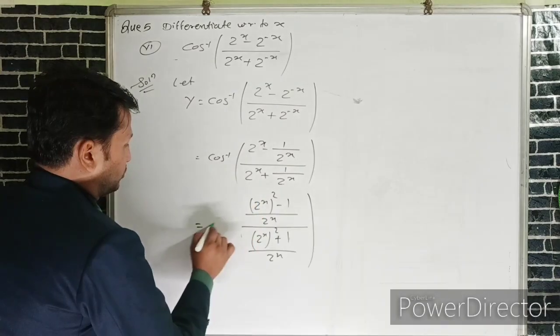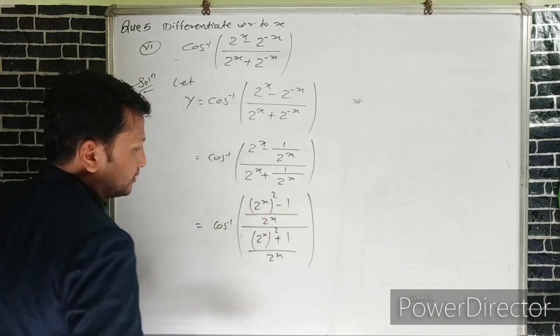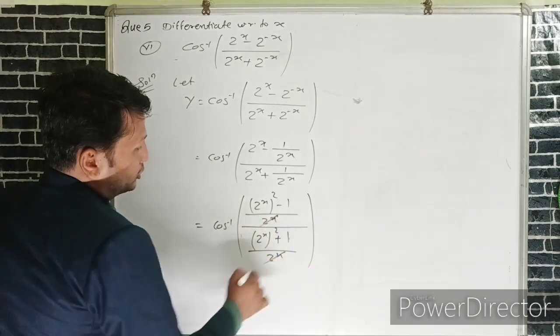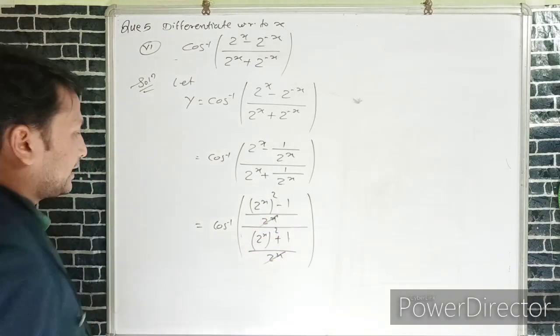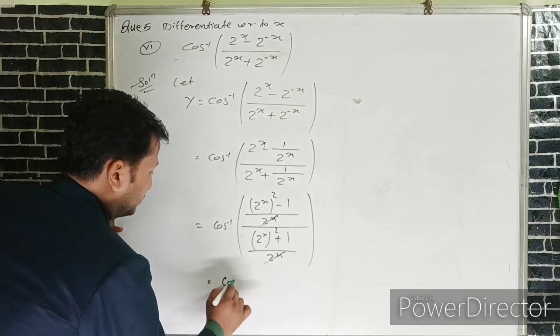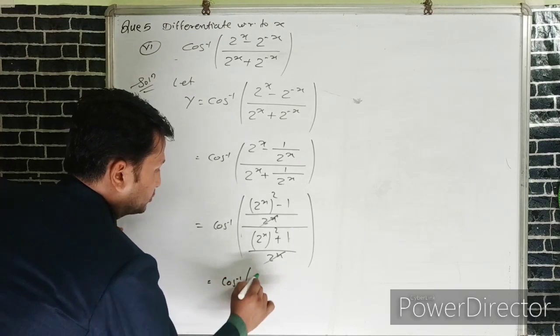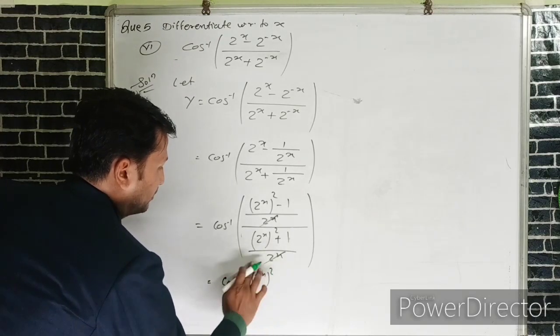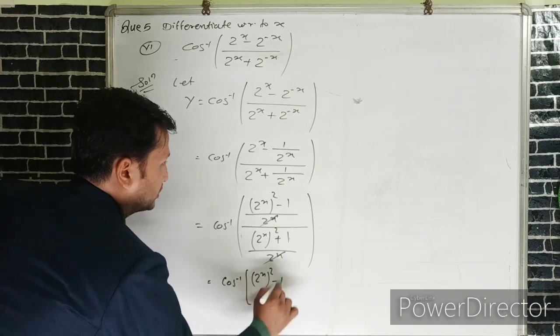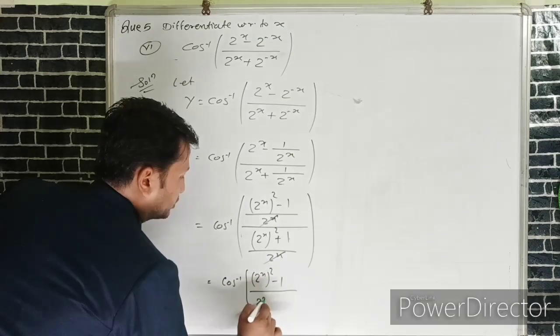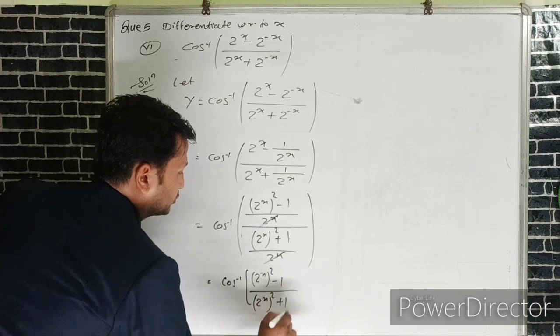This is equal to cos inverse of, here again 2 raised to the power x cancels. We can write it as cos inverse of ((2 raised to the power x) whole square minus 1) upon ((2 raised to the power x) whole square plus 1).